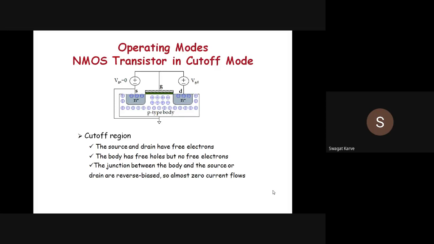That's why in cutoff mode it is as good as an open switch, because almost zero current will flow through the MOSFET, and the body-source and body-drain junctions are reverse biased. So this is about the cutoff mode.